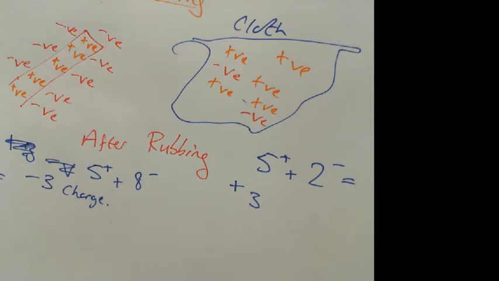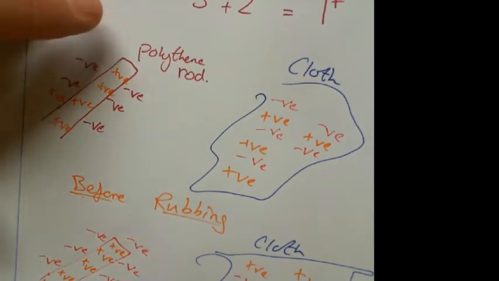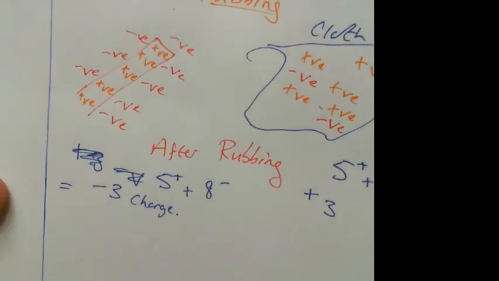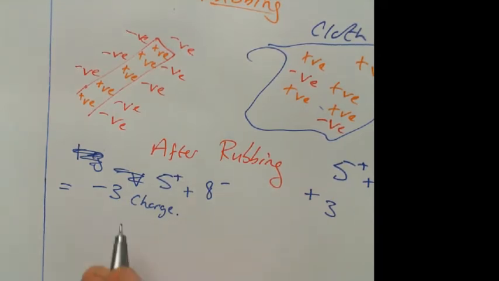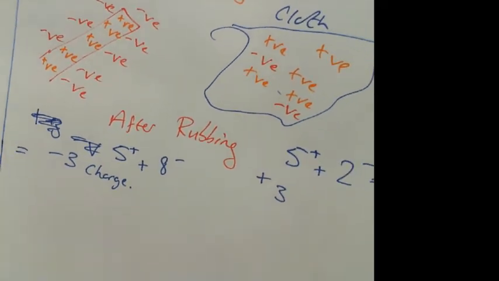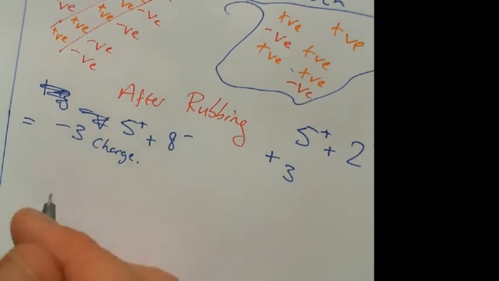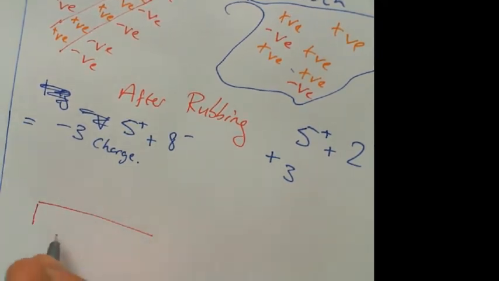And if you do that with a perspex rod, it happens the other way around. So this is with a polythene rod. If you do it with a perspex rod, the exact opposite happens. The perspex rod loses its electrons and gives them to the cloth. Okay, so let's say that I did that now, and now I've got my perspex rod, and I've got my polythene rod.